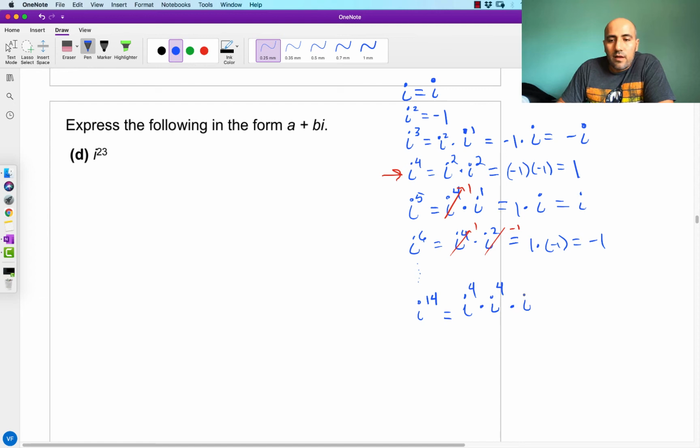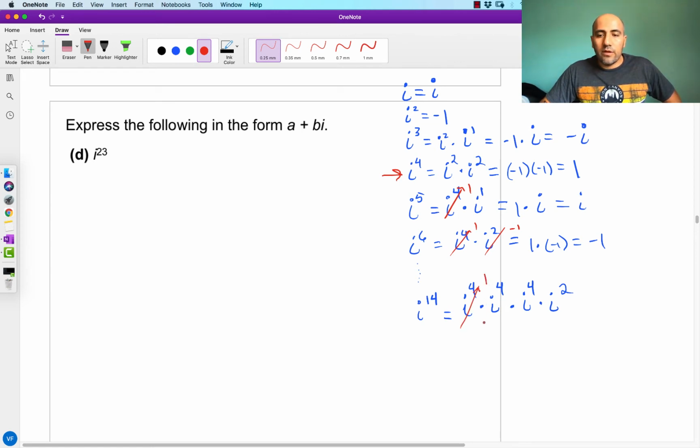I can do one more. i to the 4th power, that's 12, times i to the 2nd power. Right? We know from our properties of exponents that if we have the same base and we're multiplying them, we add the exponents. So this is 4 plus 4 plus 4, that makes it 12, plus 2 makes it 14. And the reason we do this is because all of these turn out to be 1.